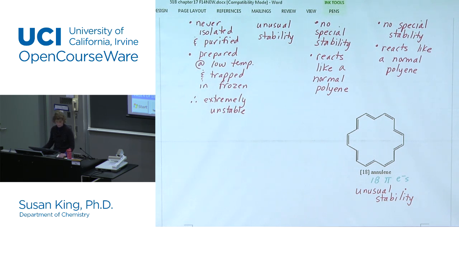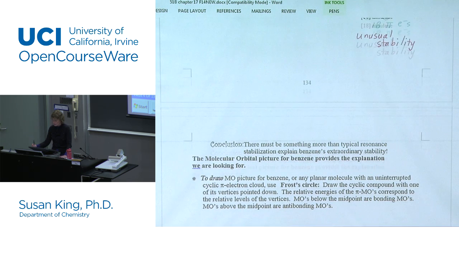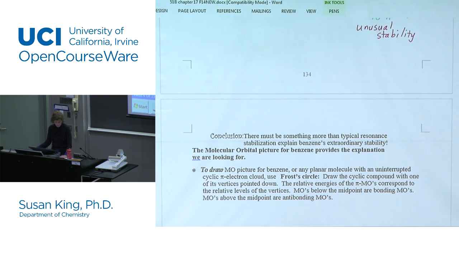All right, so let's see what's going on. We already know that conjugation is not enough to explain the special stability of benzene. Our ring idea seems to be out, but not completely, because 18-annulene also has unusual stability. So our conclusion is there must be something more than typical resonance stabilization to explain benzene's extraordinary stability.